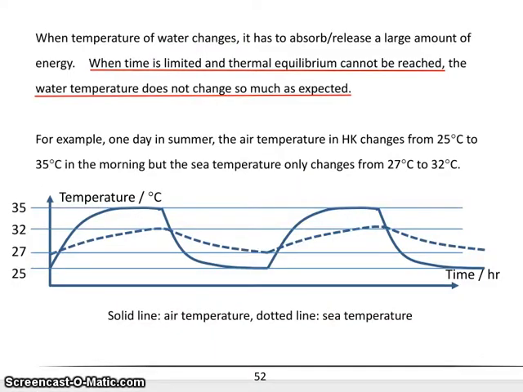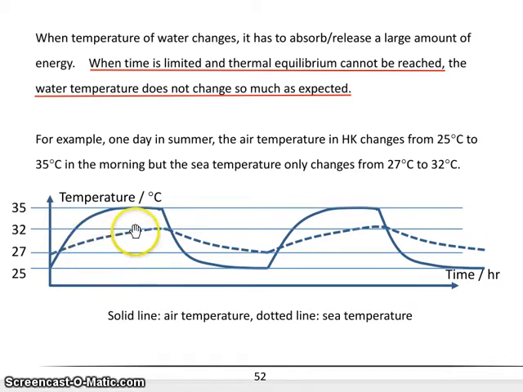Another result of the high specific capacity of water is that its temperature doesn't change as much as the surroundings. For example, when the air temperature increases from 25 degrees to 35 degrees Celsius, the sea temperature also increases, but it does not increase so quickly.